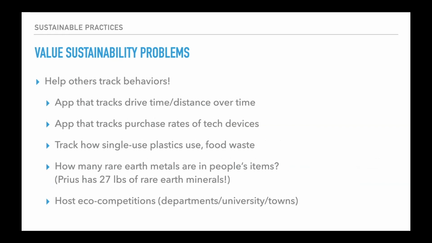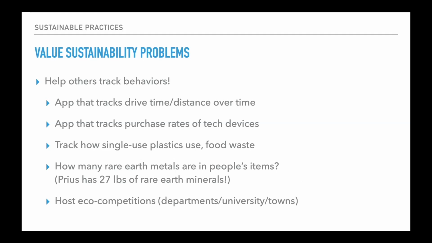And then another avenue is looking at people's behaviors. So how can we help people realize how much of an impact they're having on the world around them? So maybe you're tracking how much time you spend in a car, or the rate of your purchasing of tech or electronic devices.